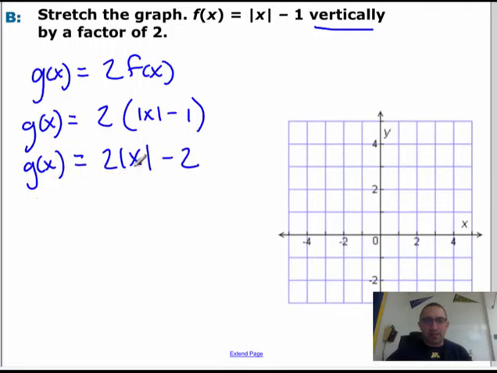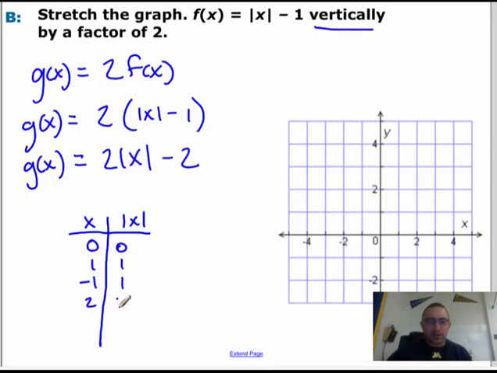Alright, so I need to graph that, and I'm going to use again, I'm going to take my original function x and absolute value of x: 0, 0; 1, 1; negative 1, 1; 2, 2; negative 2, 2; and I'm moving it down 1.